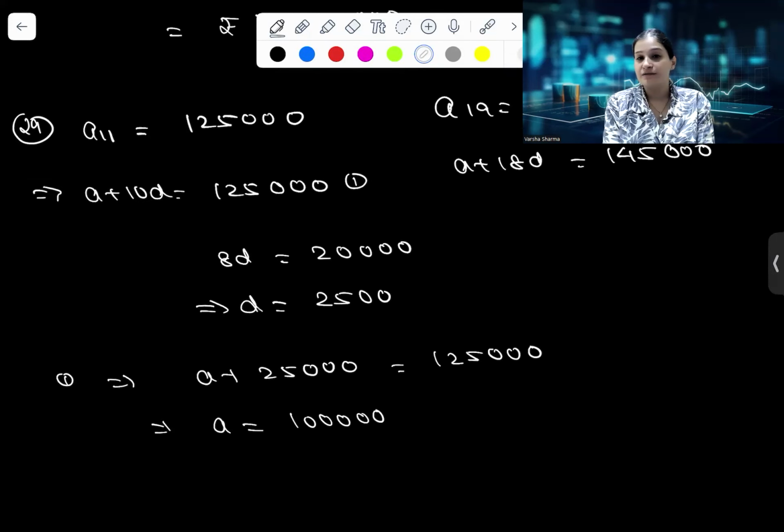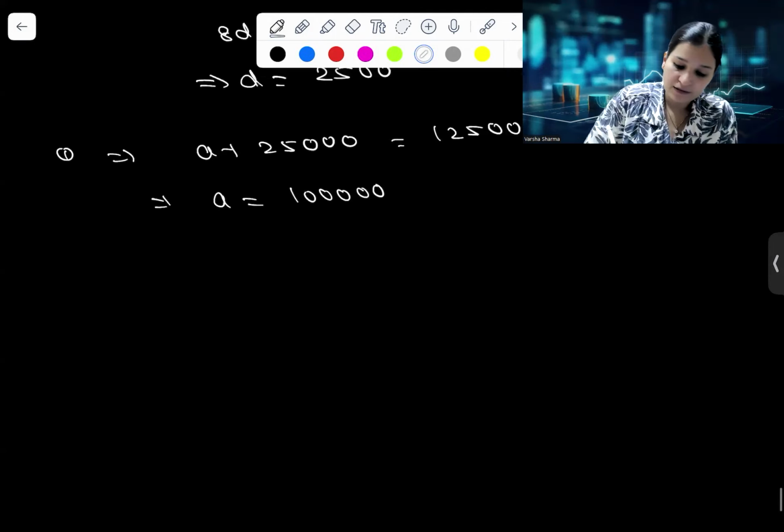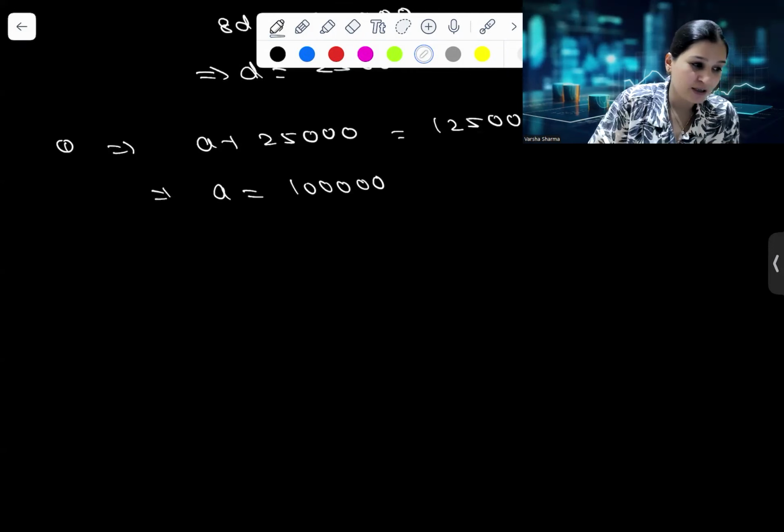Now what do we need to find? The salary at the retirement. Retirement was at 25 years, so we need to find A25.